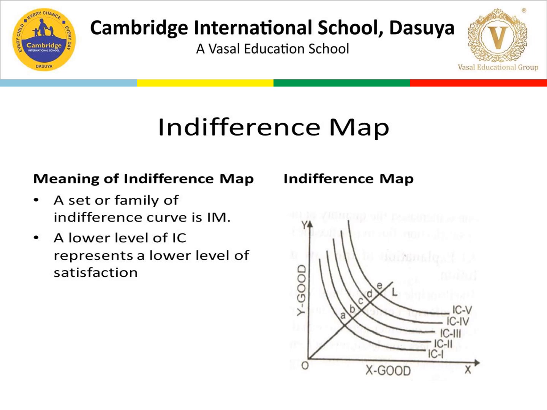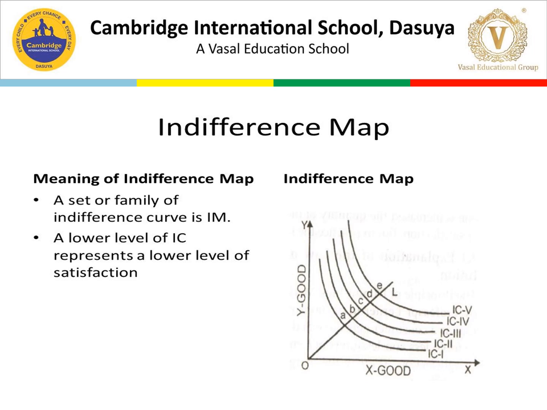Now the next topic is the indifference map. An indifference map is a family of indifference curves. We use the short form IM for indifference map and IC for indifference curve.